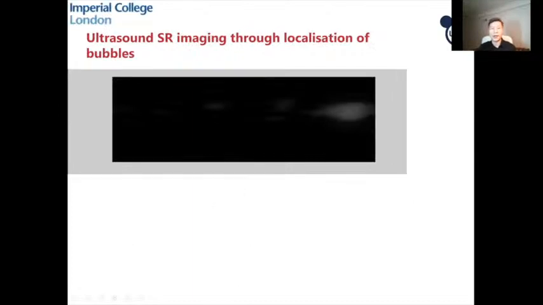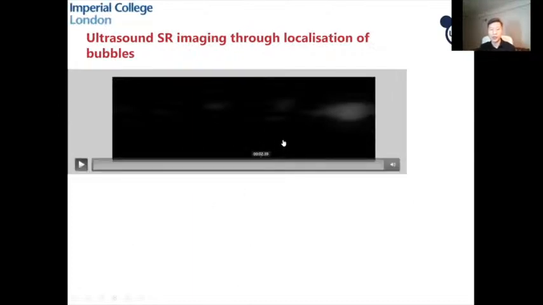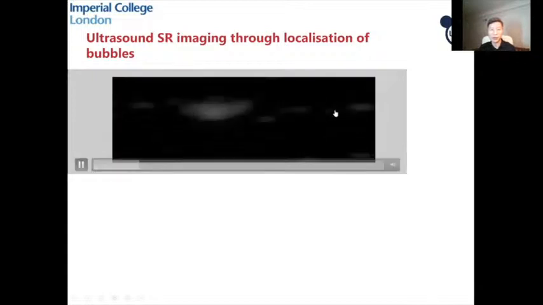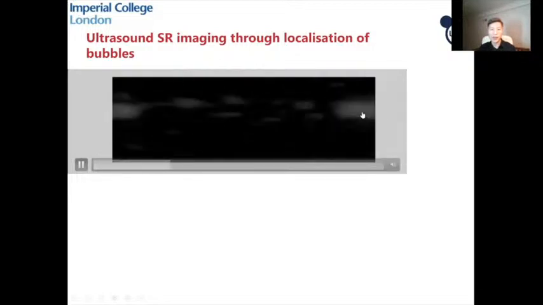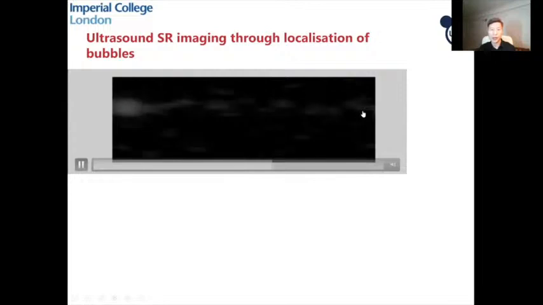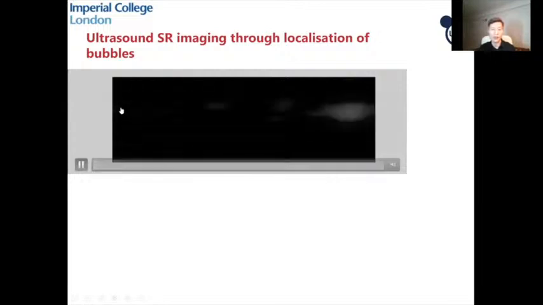So let me show you some real data. There is a microvessel in here, and this is the signal of a microbubble contrast agent. When I play the video, you will see the flow is going from the right to the left, and you can see the signals appearing on the right and moving towards the left.